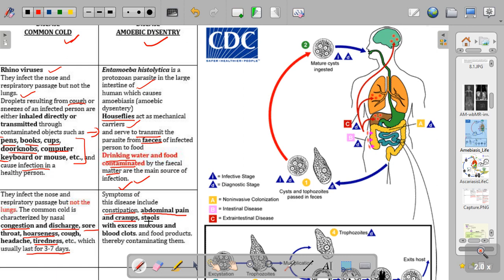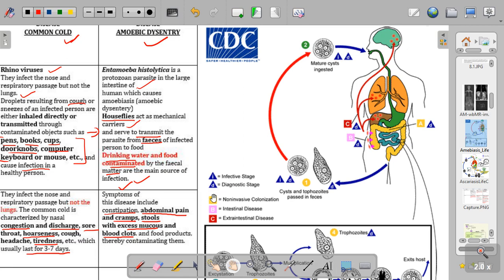Stools means the excreta or fecal matter coming out of the body, and it is rich in mucus. There are a lot of loose motions, sometimes with blood also, and food products get contaminated. So amoebic dysentery itself means loose motions.